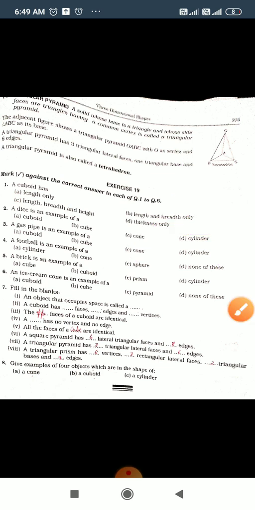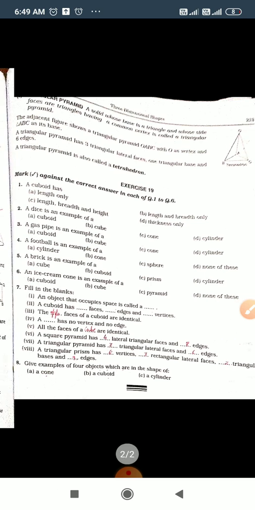The given figure shows a triangular pyramid OABC. O is the vertex and ABC is its base. A triangular pyramid has three triangular lateral faces, a triangle base and 6 edges. A triangular pyramid is also called a tetrahedron.